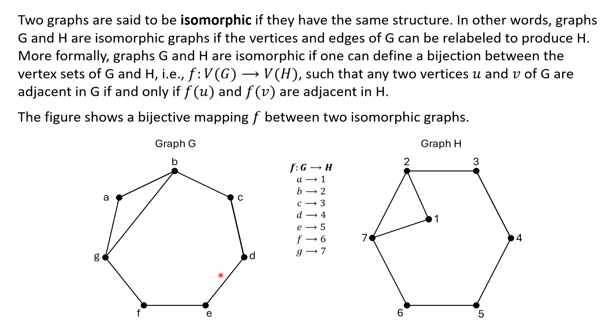So wherever you have an adjacent pair here, you would have an adjacent pair here. So for example, between G and A, you have an edge. And then if you look at what G and A are mapped to here, it's 7 and 1. And so you have an edge between 1 and 7, just as an example.